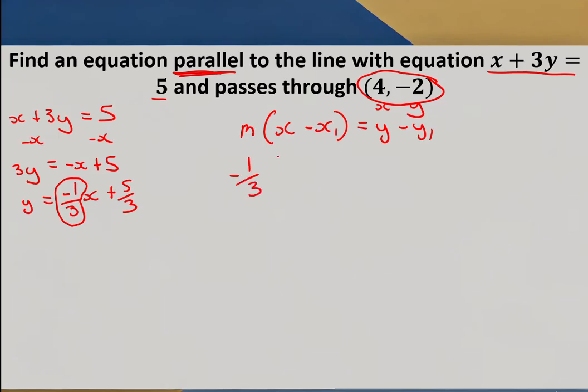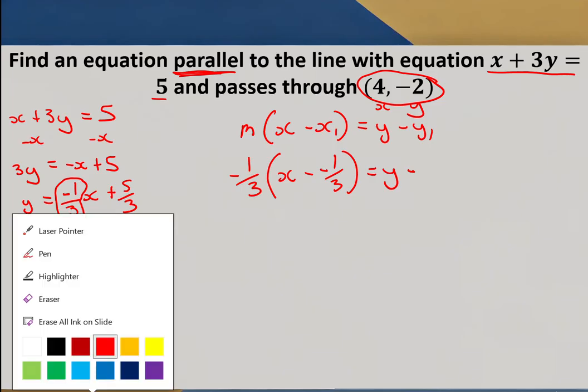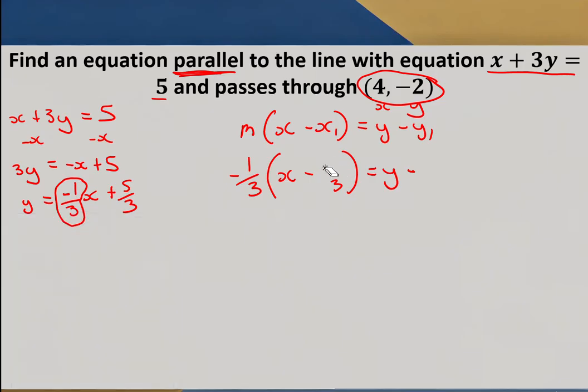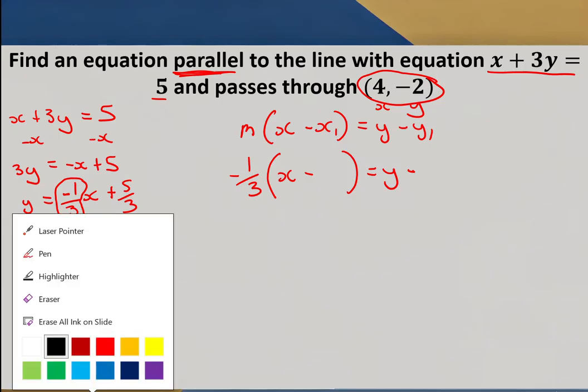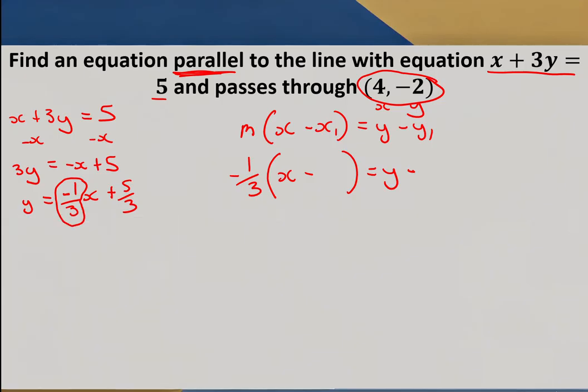Negative 1 over 3, x take away negative 1 over 3 equals y take away, oops, sorry, I made a mistake there. Silly me, I just rewrote the gradient in. So I should have looked. My x value is 4 and my y value is negative 2.